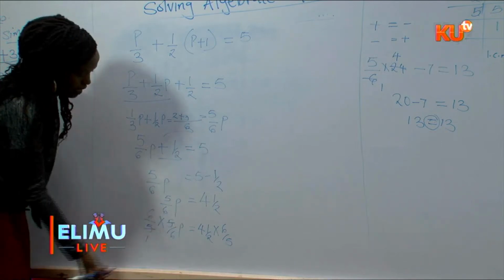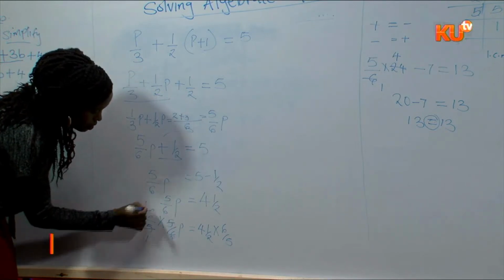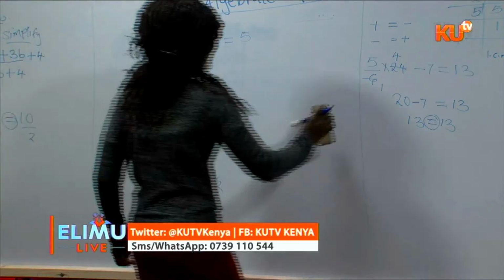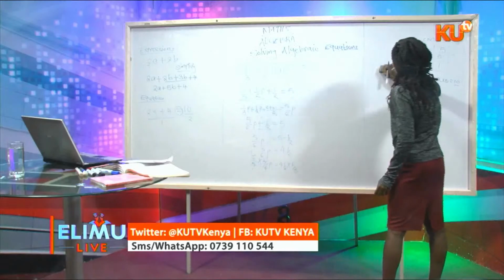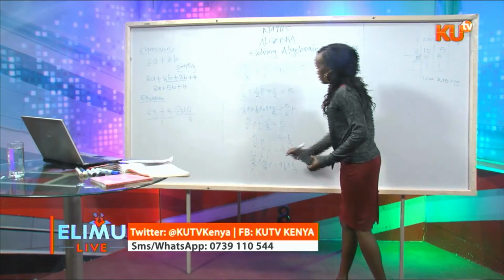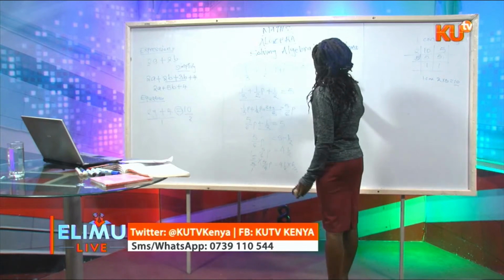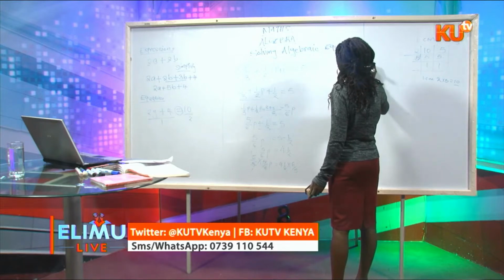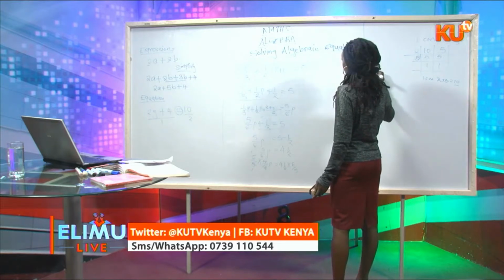By 5, 1. By 6, 1. By 6, 1. So I have simplified here. I have P is equal to 4.5 times 6 over 5.